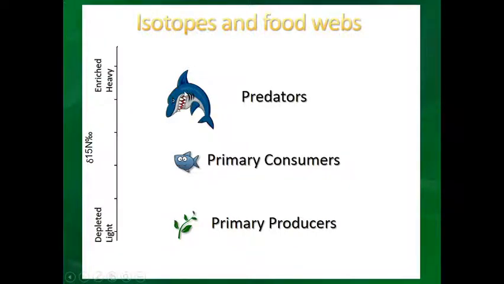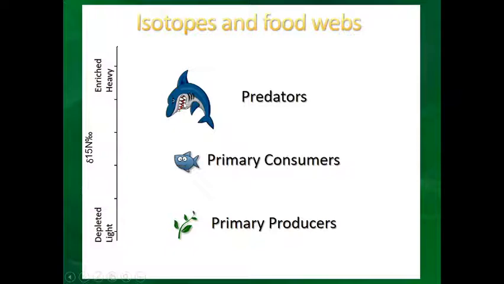Okay, so predators then have an even higher nitrogen 15 signature. So what you can do is basically go into a food web and look at the levels of nitrogen 15 and figure out the trophic position of an organism. And you can start to build a food web there, at least a food chain, right? So we can know that primary producers are low in nitrogen 15, then higher, and then higher.